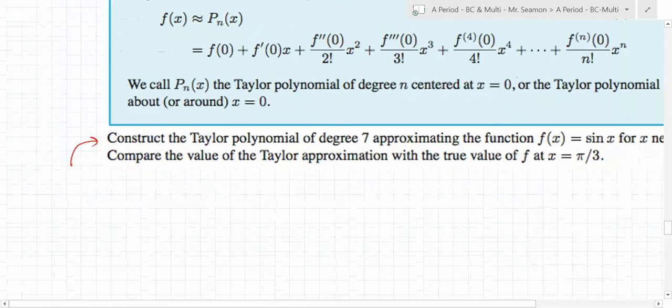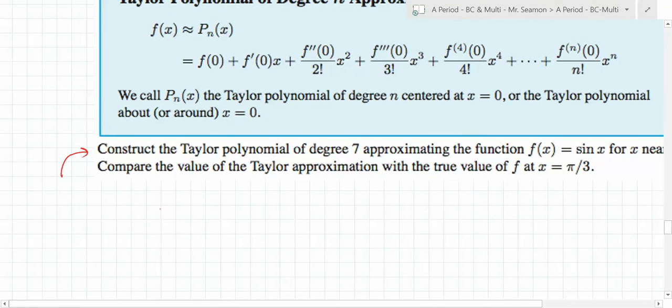Can someone read off to me the first few terms? What is it? 0 plus 1 over 2x... plus 1x, minus 1 over 3 factorial times x to the third, plus 1 over 5 factorial x to the 5, minus 1 over 7 factorial times x to the 7.